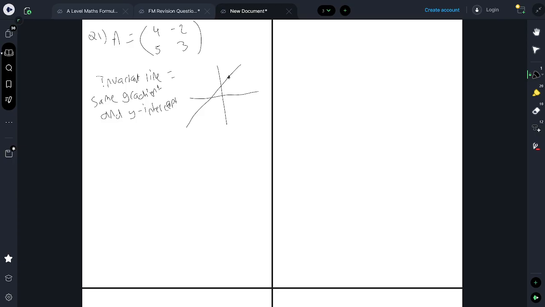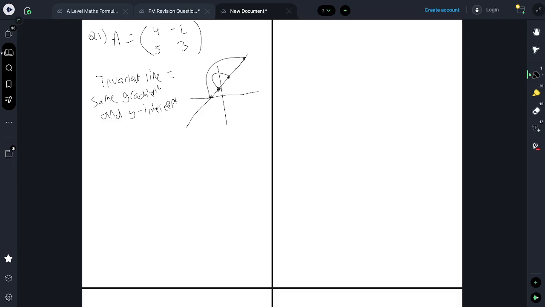So say this point here, after the transformation, it can move down the line, or this point can move further up along the line. The points themselves do not need to be invariant, but they still remain on the line. The whole idea of an invariant line is that the line itself stays the same, so it has the same gradient and y-intercept.